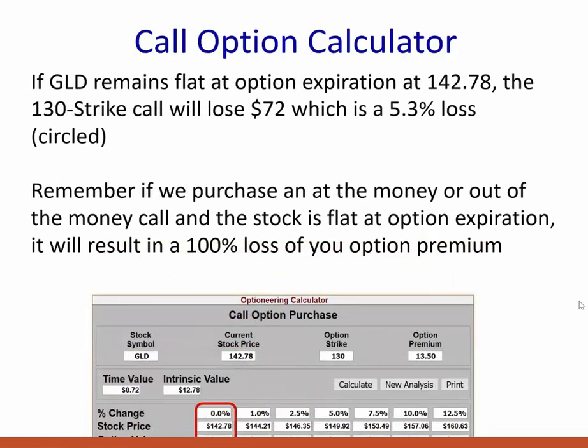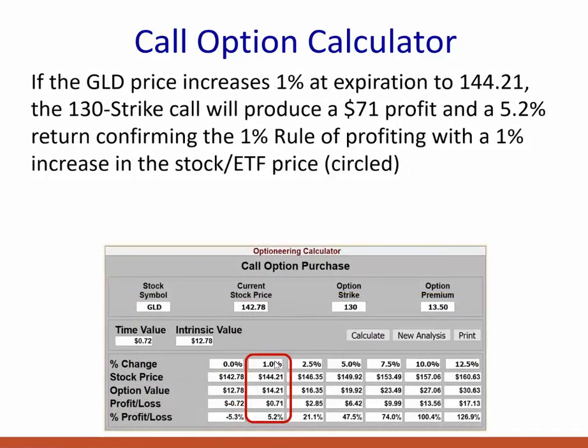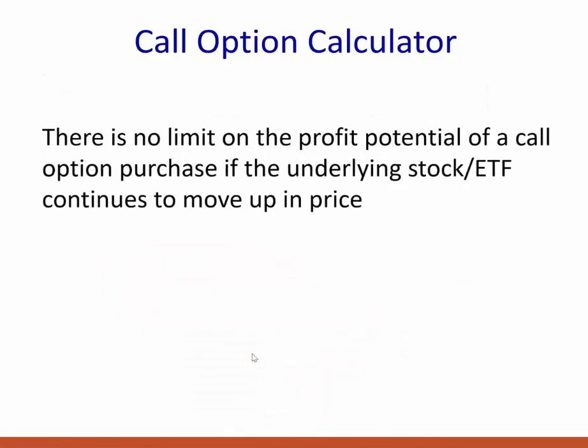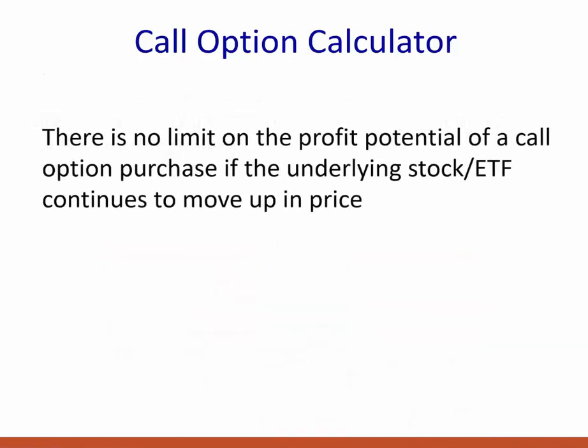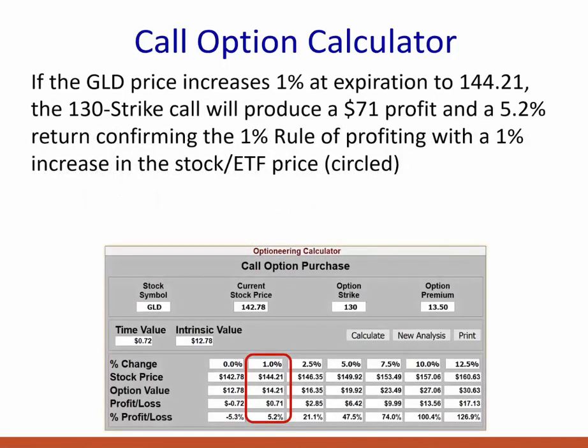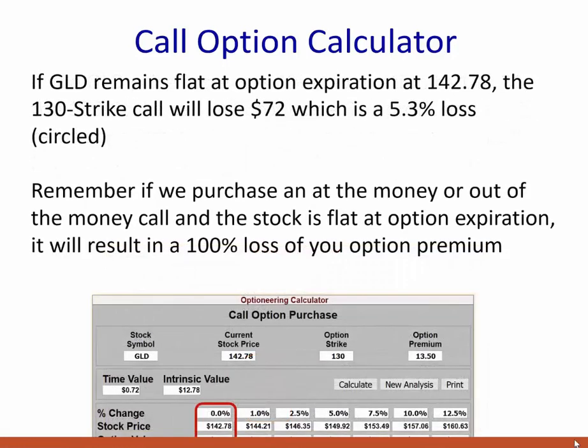So we can see that if GLD remains flat at option expiration, we lose 5.3%. It's hard to see here, I'm at the bottom of the slide, but we lose 5.3%.